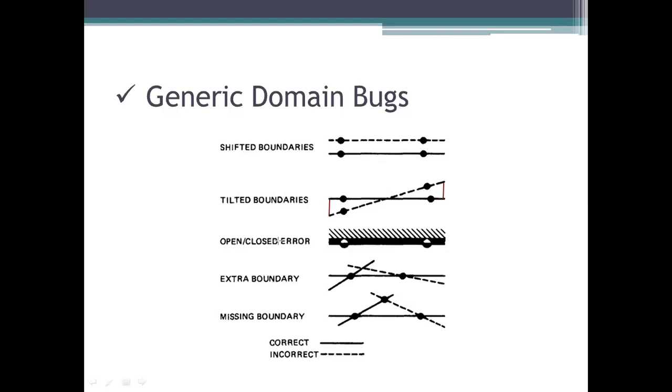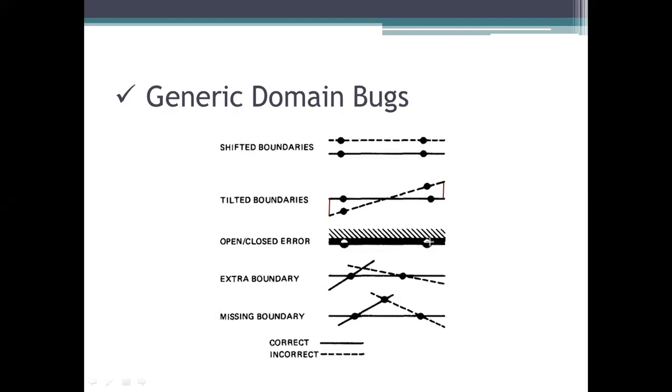Next one is the open closed error. Open closed error means we need to specify the domain should be a closed one. There is no need to specify whether it has the process of accessing or not. Like that, we need to specify.